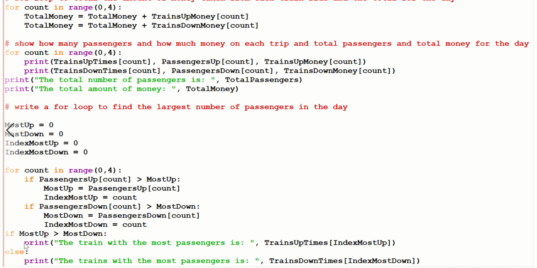Or what if it's equal? Oh yeah, if it's equal, then it's going to be the same thing. But if this is more, then it's going to print this.